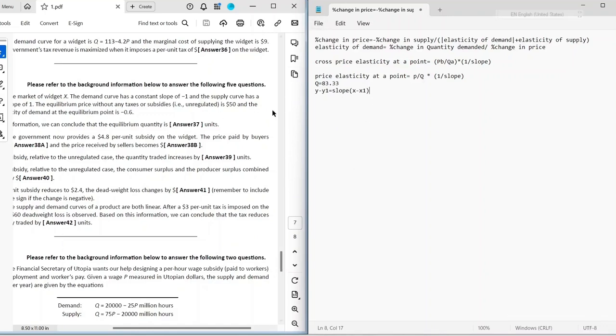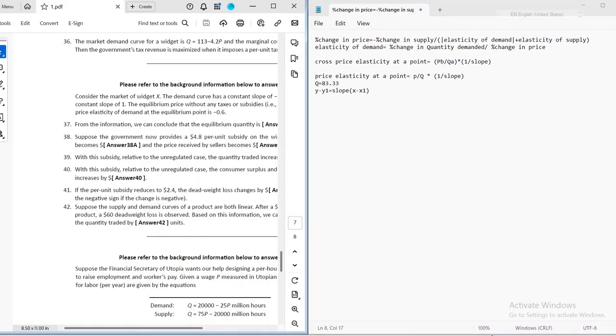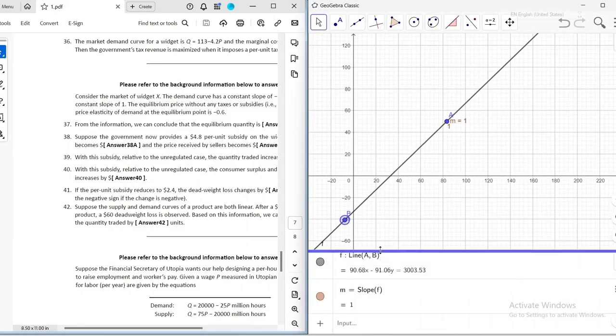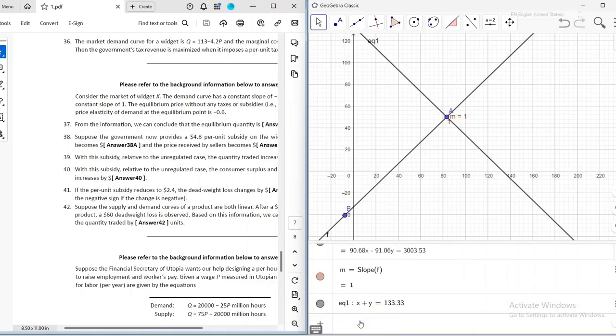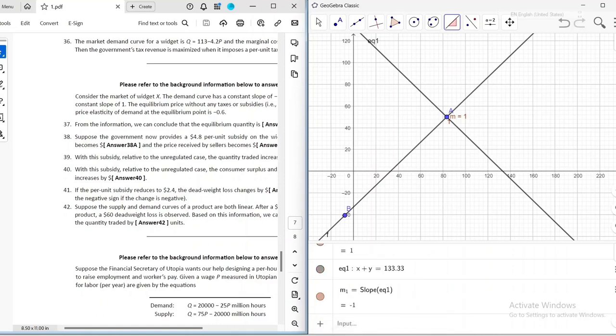When you put in the values, you'll get the equation of the demand curve. I have already obtained the equation, so let me write it. So this is x plus y equals 133.33. This is your demand curve, and to confirm this, you can measure the slope. As you can see, the slope is -1.